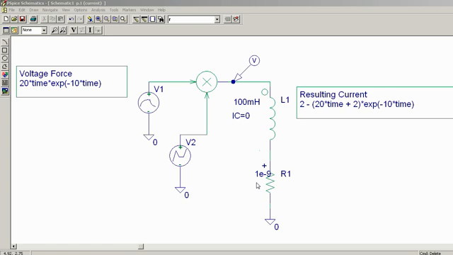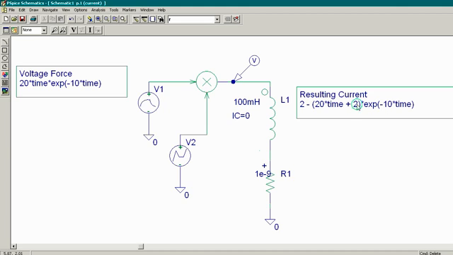Now this resistor down here has a value of 1 nano ohm, and in order for the simulator to work, you need to have a resistor in series with this inductor, or else you get a simulation error. So this resistance is just basically a placeholder, and that's why I made the value so very small, so that it would minimize any effects that a series resistance would have.